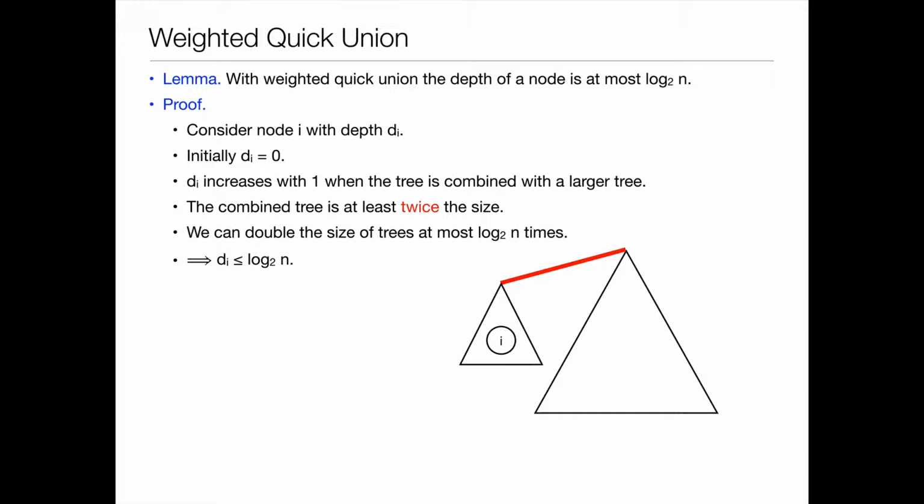We can at most double log n times, and hence d_i can be at most log n, which is what we wanted to show. So now we know that we have a solution to the union find problem that uses order n time for init, order log n time for union, and order log n time for find.